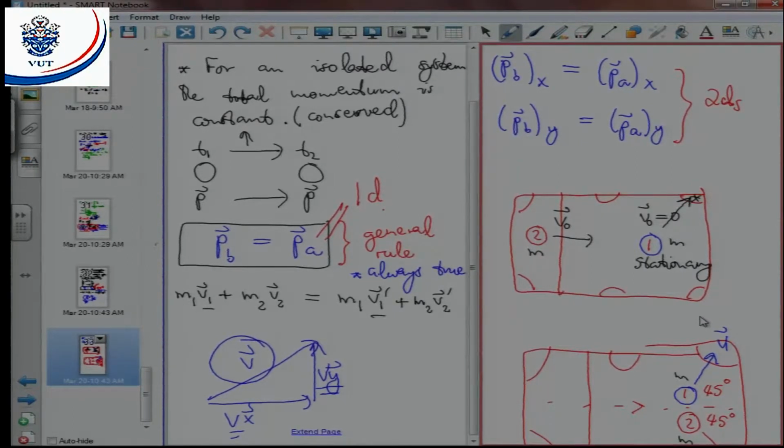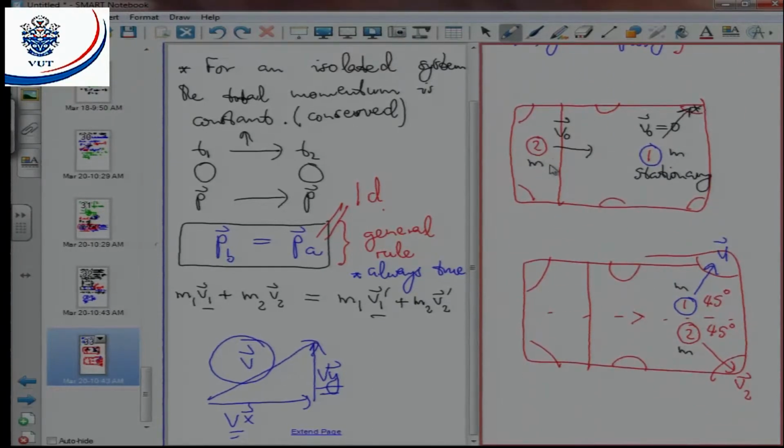And my advice to you is, when you study problems like this, always choose the direction of motion initially as your x-axis. So if our x-axis is over here, that's x, then y has to be perpendicular, so that's y. So even here, that's x and that is y.